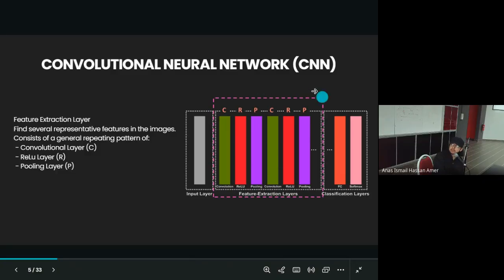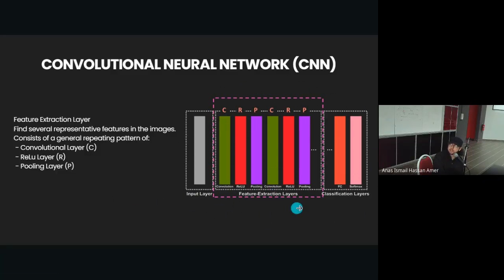Okay, so this is the feature extraction layer that I just described. Usually it's just like this: one convolution layer, then ReLU, the activation function, and then a pooling layer. So it's also like CRP, and so on. You can add more, or you can play around with the architecture, but this is the basic architecture for a convolutional neural network. The convolutional layer does the convolution, which I'll describe in the upcoming slide.